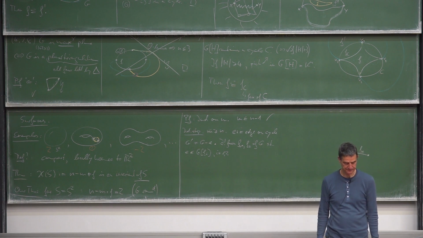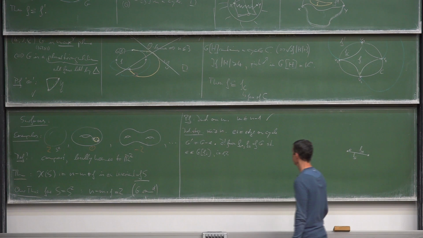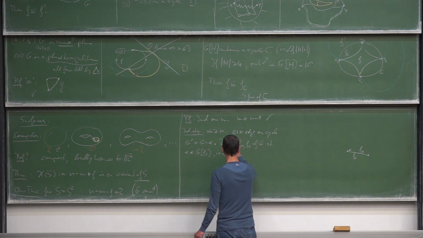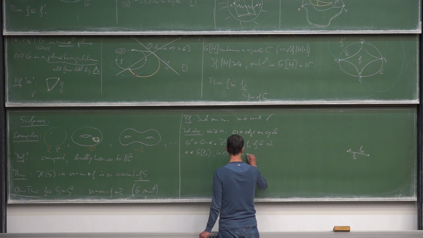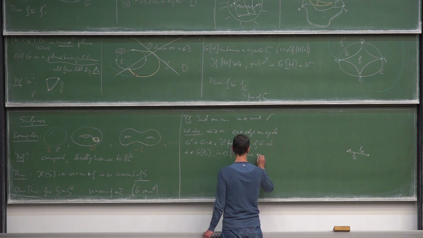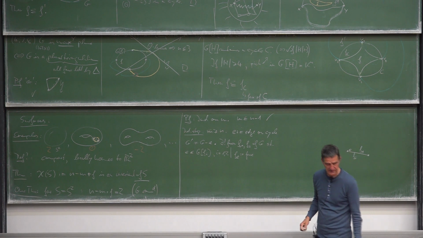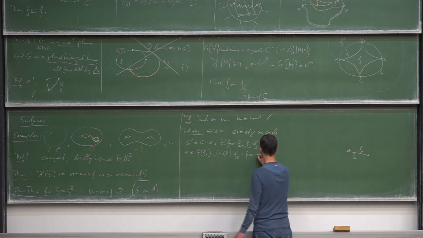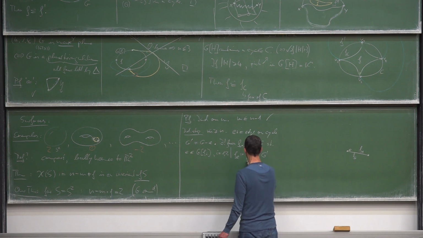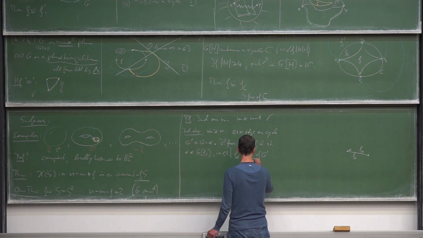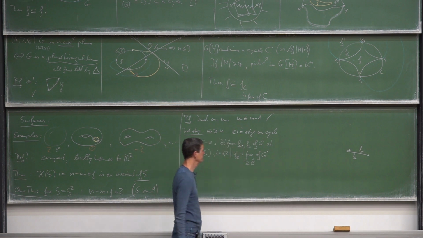And Fe is the face of G prime containing E, the inner points of E. I think I want to call it Fe.